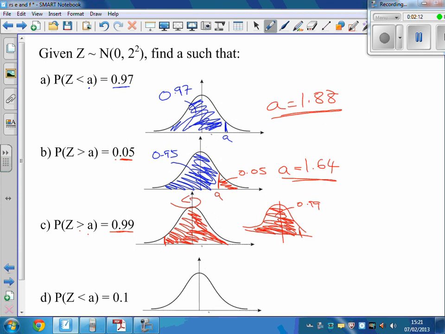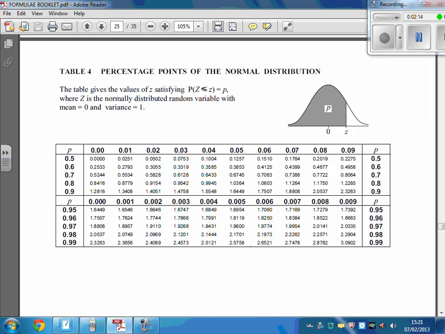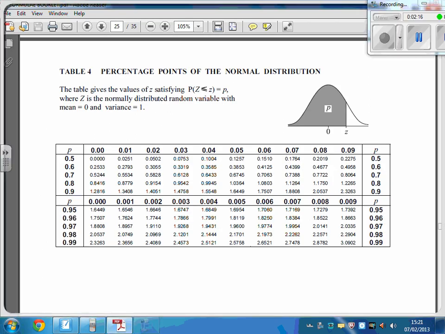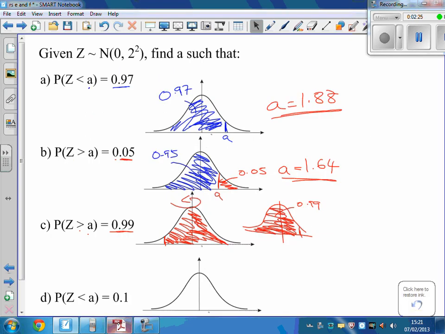So let's look up the 0.99 again. 0.99 gives me 2.33. So this value here would be 2.33. We don't want that. When we've reflected it, this value down here must be minus 2.33. There's your value of A of minus 2.33.